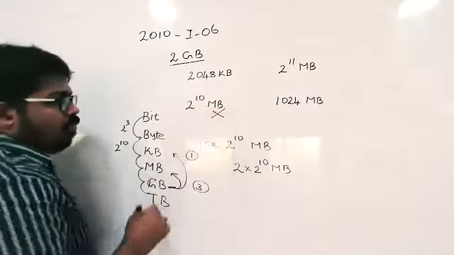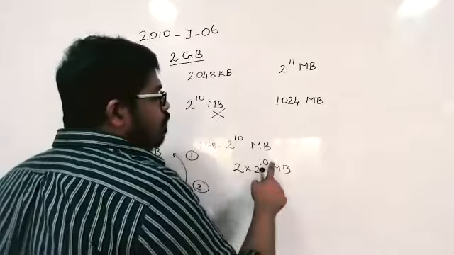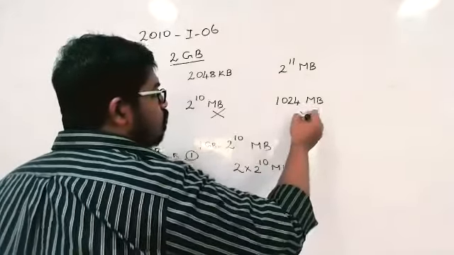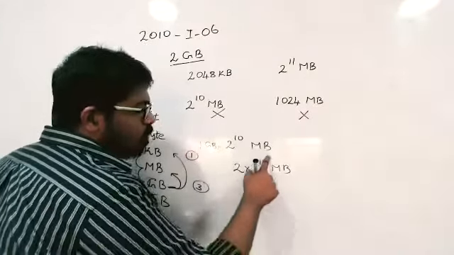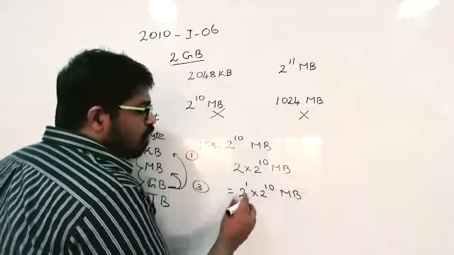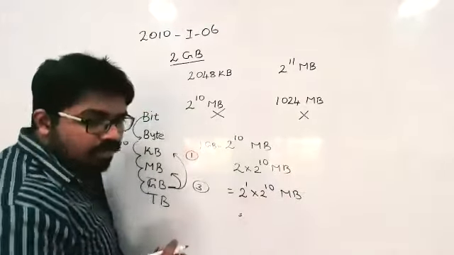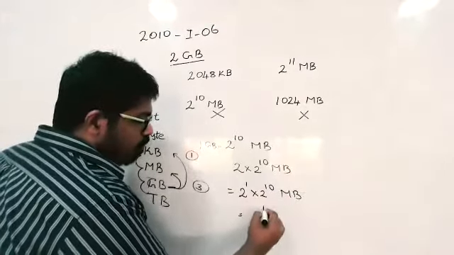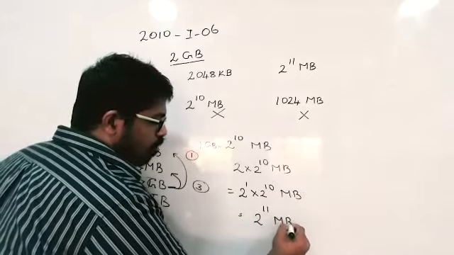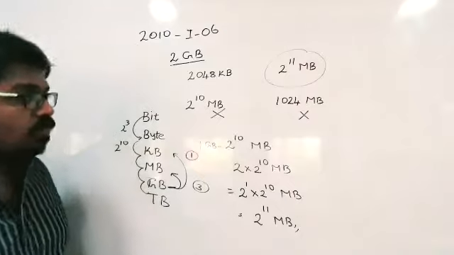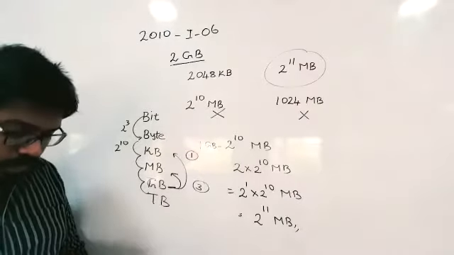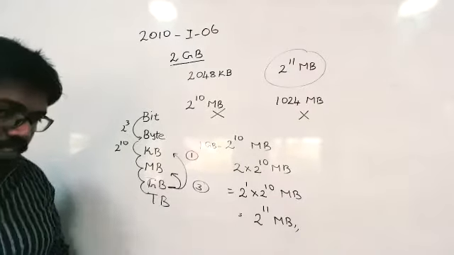So the third option is wrong. 2 to the power 10 will be equal to 1024, that is also wrong. 2 to the power 1 into 2 to the power 10. When the base values are equal, you can add the powers. So 2 to the power 11 MB. Here we have the answer, the second answer option.